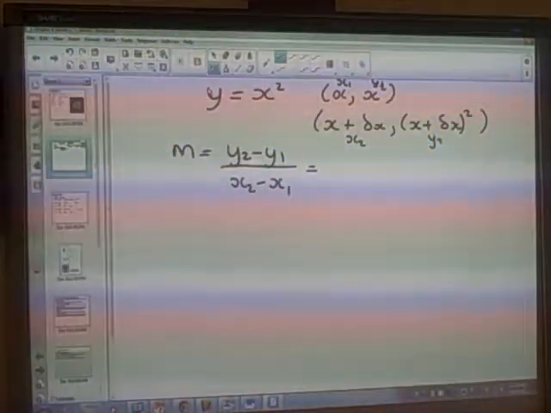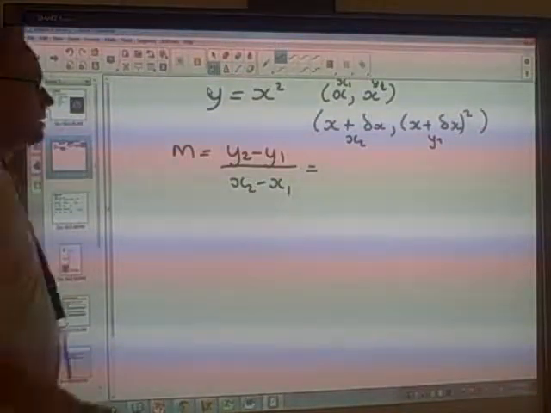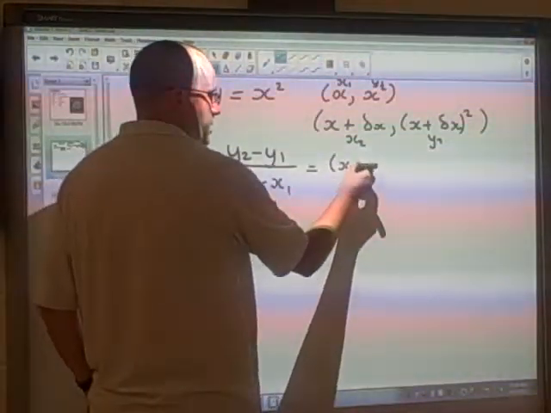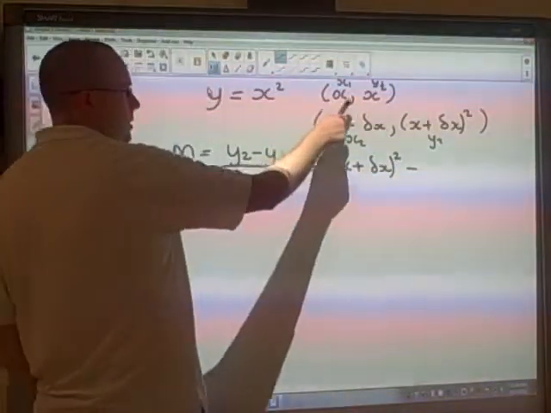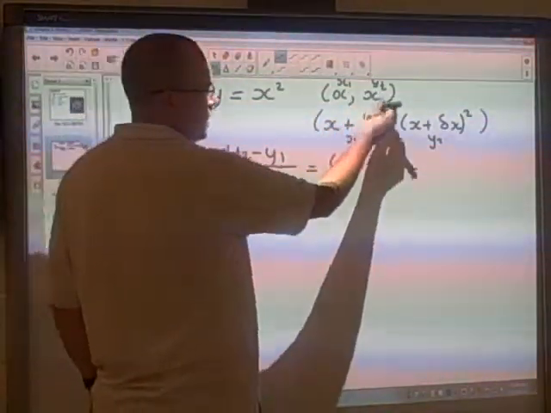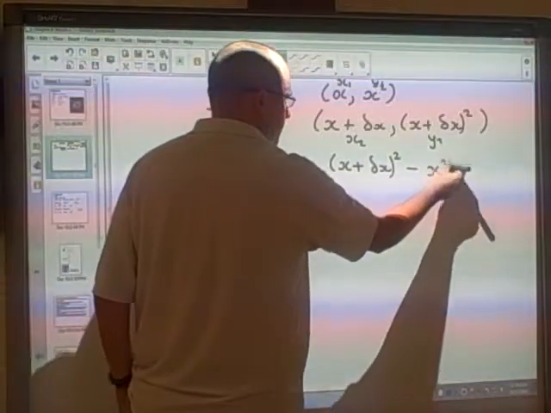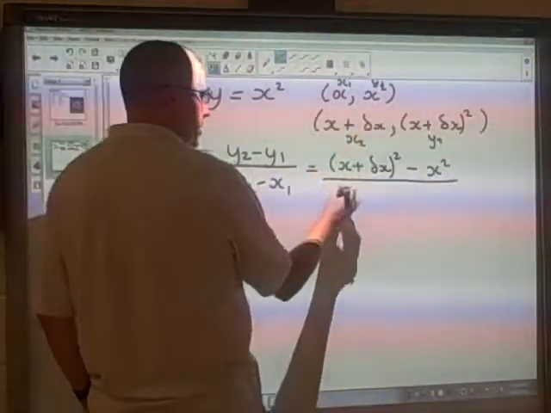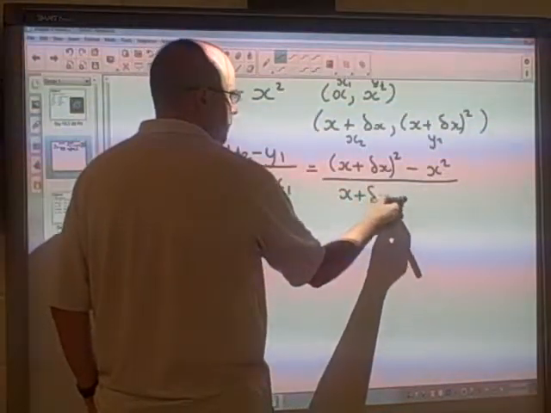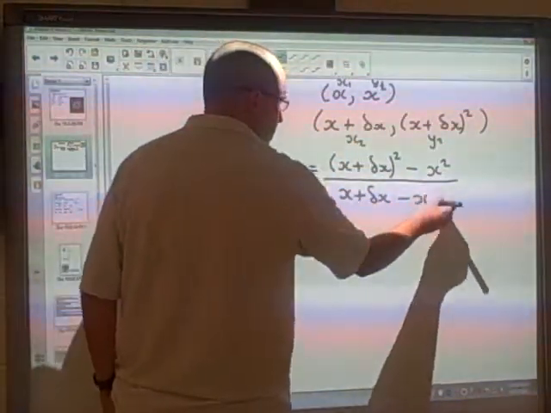And I'm just going to substitute those into this formula. So on the top here, I've got x plus delta x squared minus y1, which is x squared, all divided by x2 minus x1, so x plus delta x, and take away x.